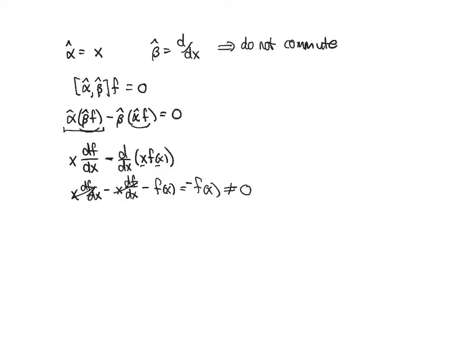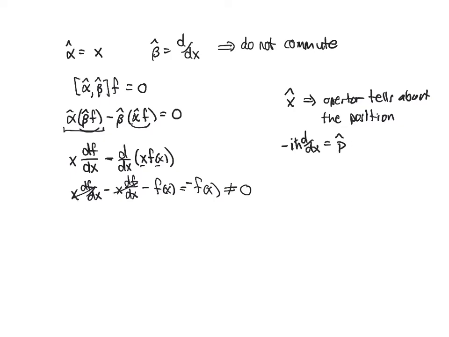This is significant because it turns out that multiplying by x, this operator, is the operator that tells us about the position of a particle, where it is in space. And the operator where I take minus the imaginary number i times h bar and take the derivative with respect to x is the operator that tells us about the momentum of the particle.